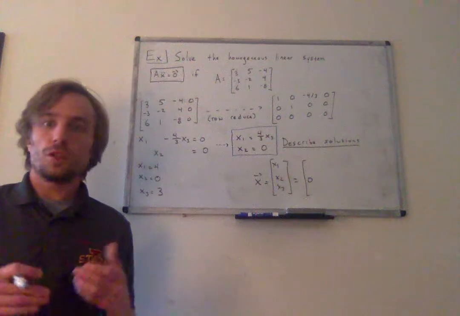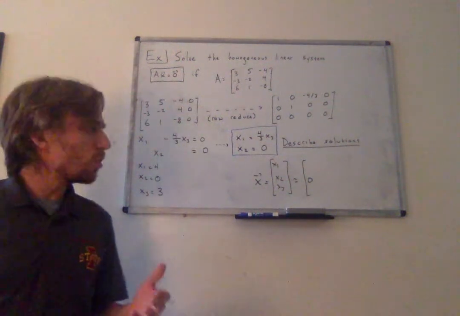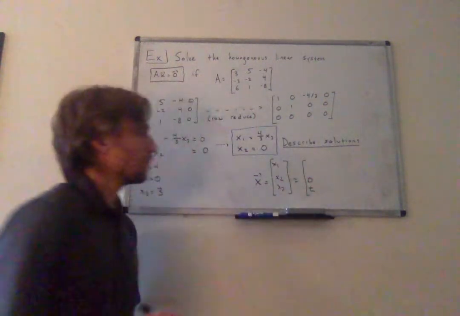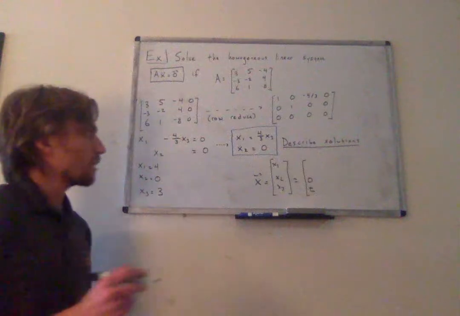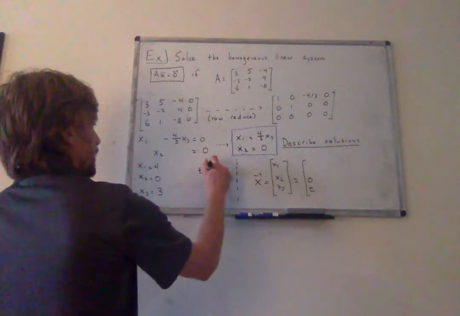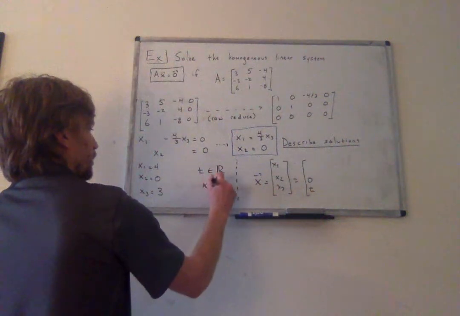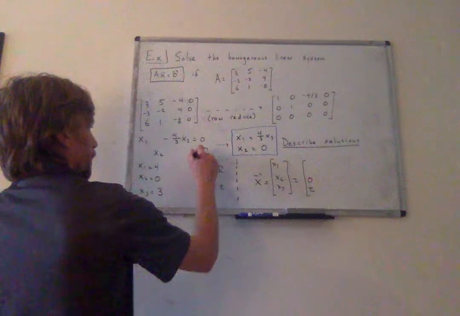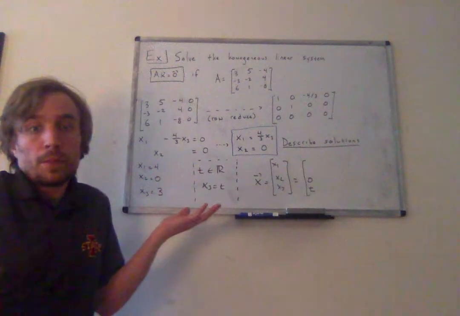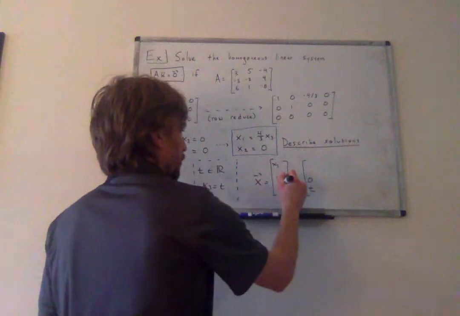That means I can just pick some real number, and x3 can be equal to that real number. Let's say I pick some real number t. I'm just going to let x3 be equal to t, and I'll write that down here as a note: t is in the set of real numbers, and we suppose x3 is equal to t. So we've assigned this real number t to x3, because x3 is a free variable.